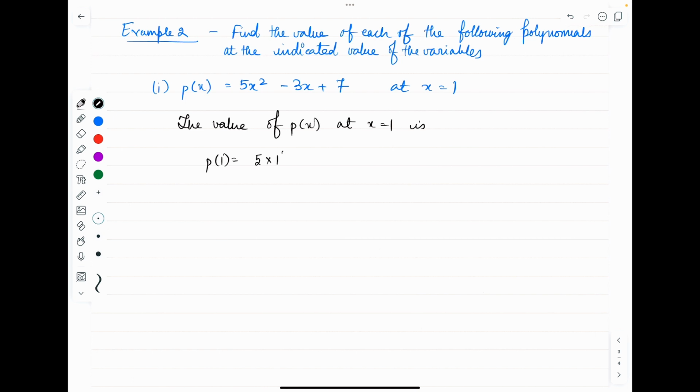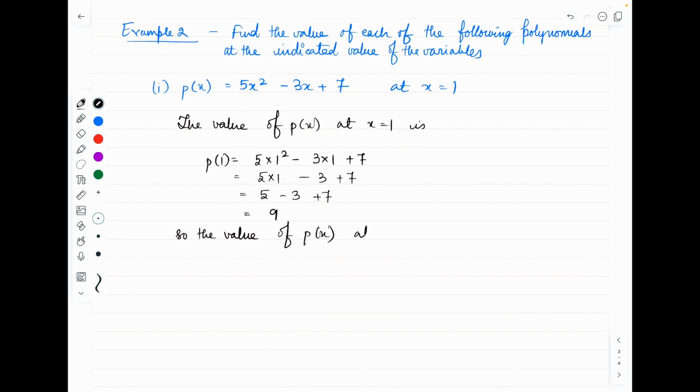So 5 into 1 square, minus 3 into 1, plus 7. 5 into 1 is 5, minus 3 plus 7. 5 minus 3 is 2, 2 plus 7 is 9. Understood? So the value of p of x at x equals 1 is 9.